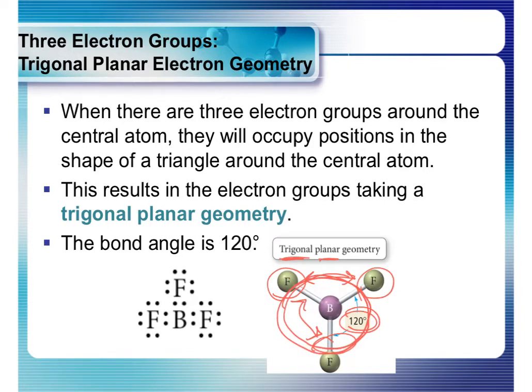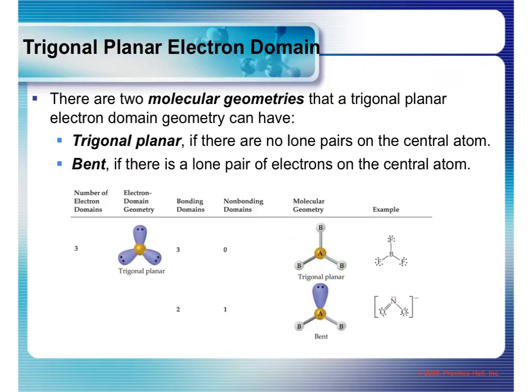Alrighty, so now if you have 3 domains around a central atom, what happens if one of those 3 domains is a lone pair of electrons? Again, that lone pair of electrons acts as an electron domain and forces the bonding atoms into this trigonal planar electron domain position.